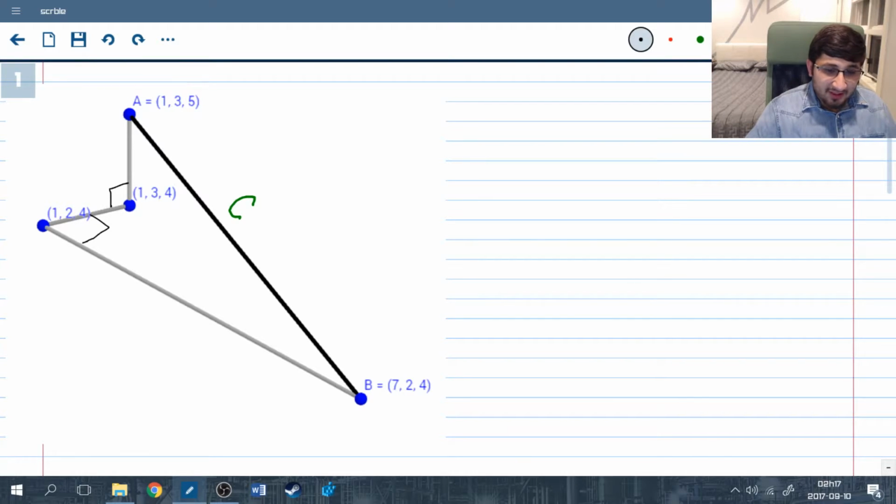After that, we figure out another point that we want to take from there. We have 1, 3, 1, 4, 1, 2, 4, and 7, 2, 4. I chose to change the y coordinate next, though it realistically does not matter as long as you change a different one than the last one.